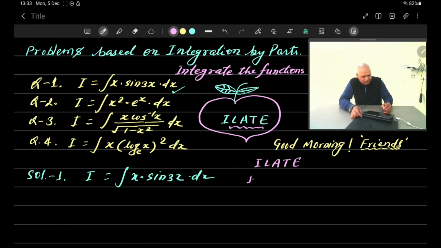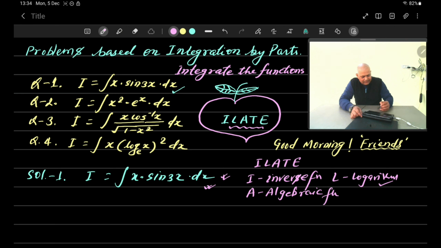My dear friends, you know I stands for inverse function. Inverse function is not here. L stands for logarithm, that is also not here. A stands for algebraic function, and that is your x.